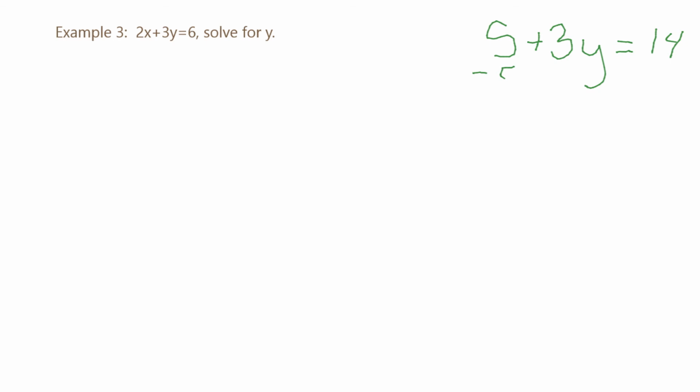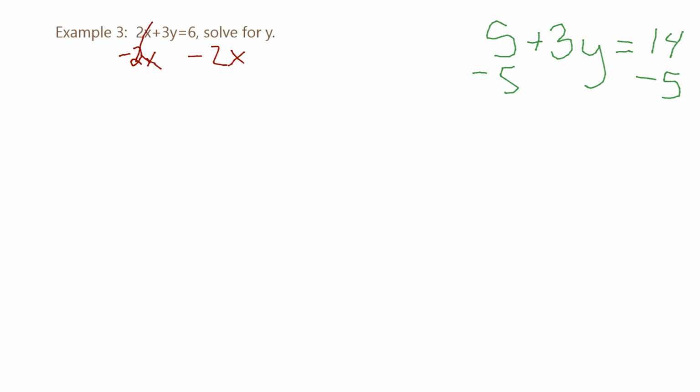I'm going to subtract 5 from both sides as if you were going to solve this equation. So I'm going to apply the same principle to the 2x plus 3y equals 6. I'm going to subtract the 2x from both sides. I don't write it underneath the 6 because 6 and 2x are not like terms, you can't combine them.